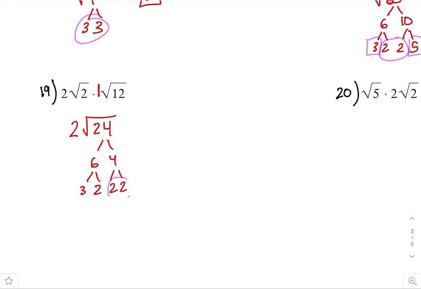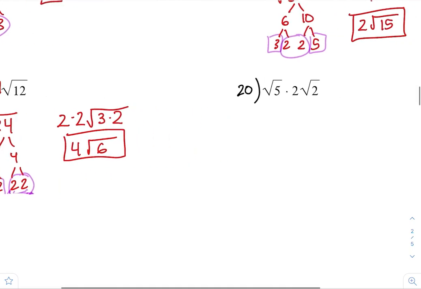Found a pair of 2s, and leftover of a 3 and leftover of a 2. So square root of, don't forget our original 2 that we had on the outside. Leftover of a 3 and a leftover of a 2. We found a pair of 2s, so we're going to put a 2 right there from that one. 2 times 2 is 4. Square root of 3 times 2, 6. 4 square root of 6.